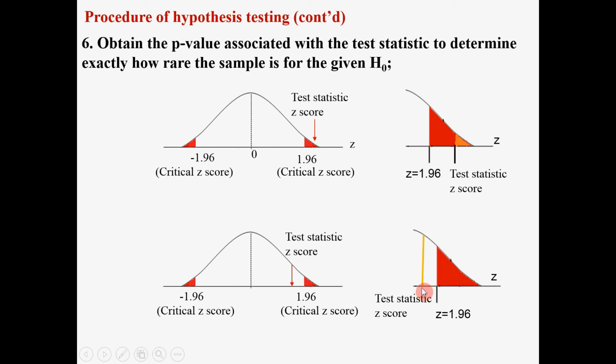It's maybe 1.8. It's smaller than 1.96. So it falls outside the upper tail rejection region. They fall into non-rejection region. So now the corner that is associated with this orange line is this corner. Now we'd like to use this corner to calculate a p-value. So the purpose of this step number 6 is to determine the size of this corner so that we can calculate a p-value.